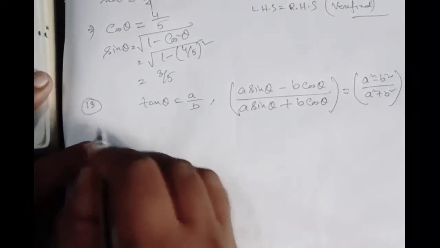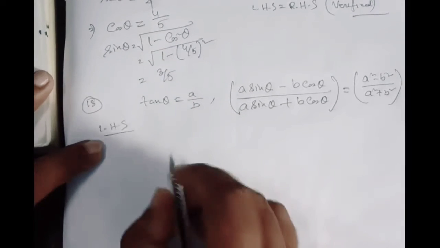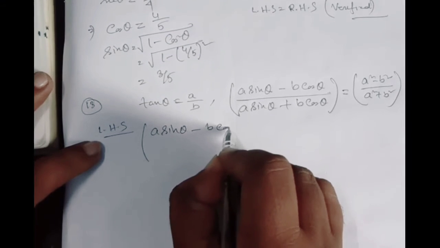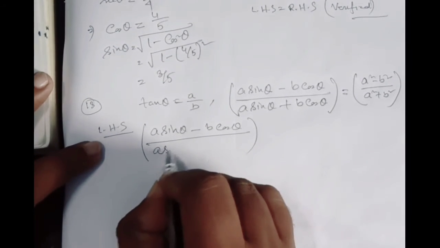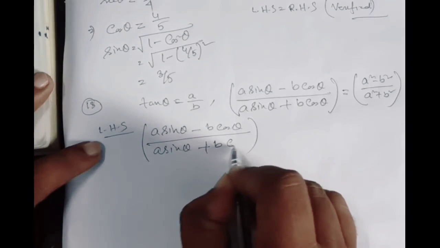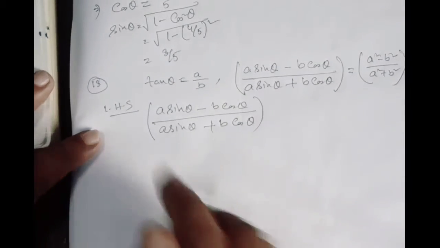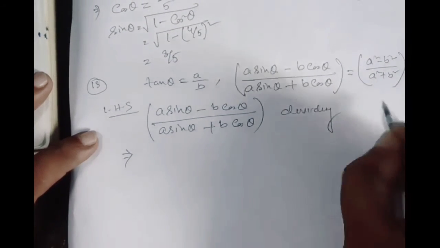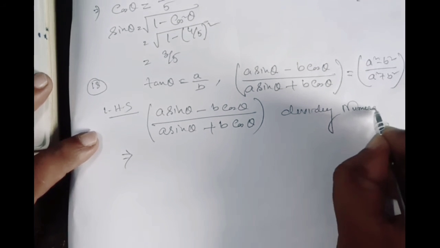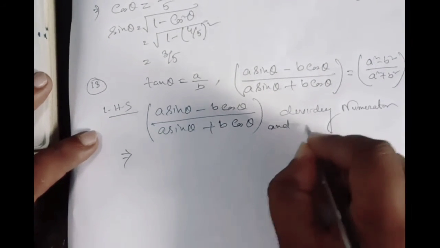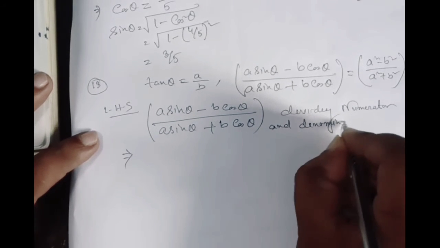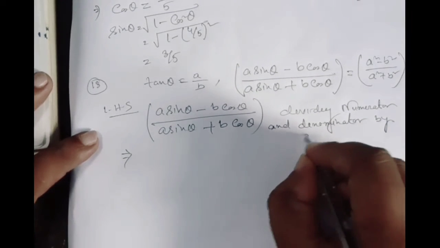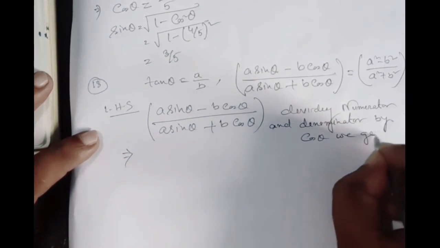For that, first we are taking LHS. A sin theta minus b cos theta by a sin theta plus b cos theta. Now dividing numerator and denominator by cos theta, we get, okay.